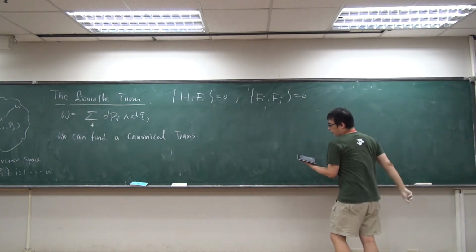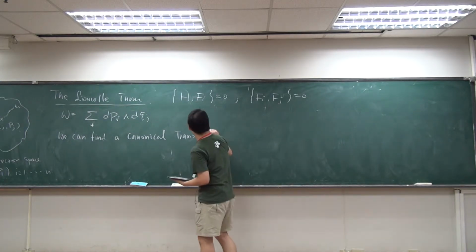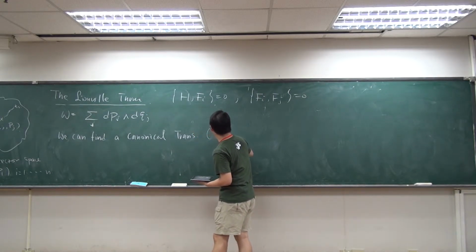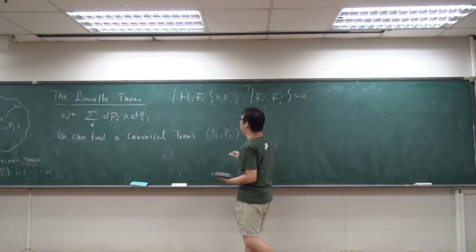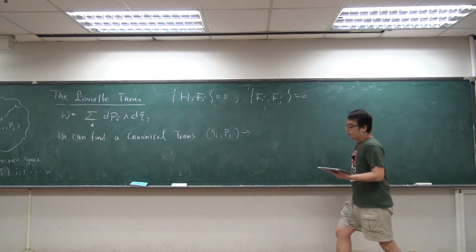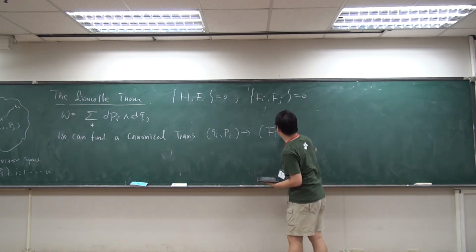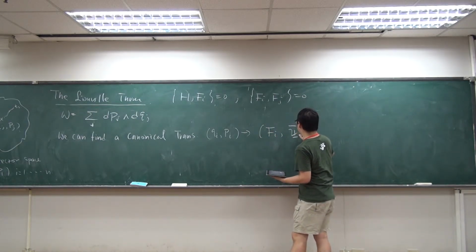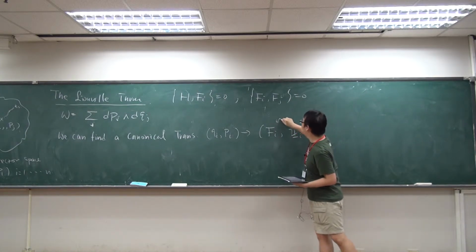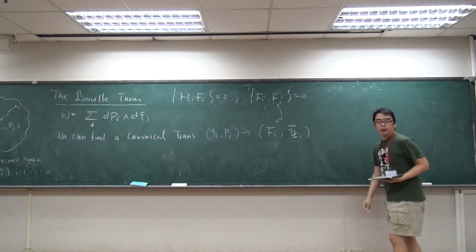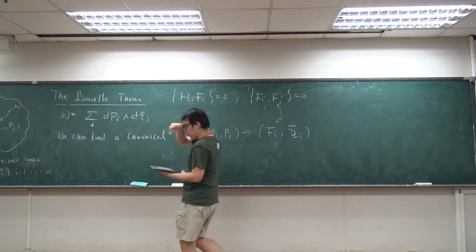So we can find a canonical transformation taking you from Q_i, P_i to another coordinate choice, which is F_i and another thing called psi_i. F_i are our conserved charges in the system.